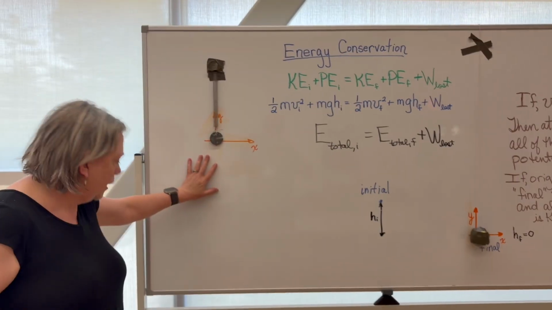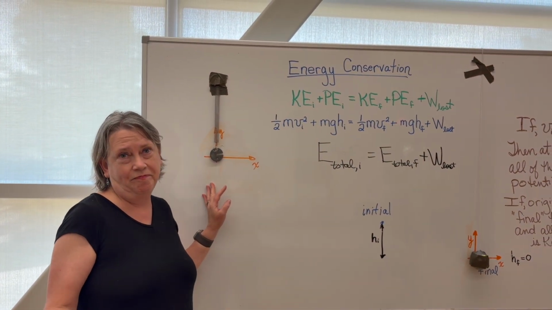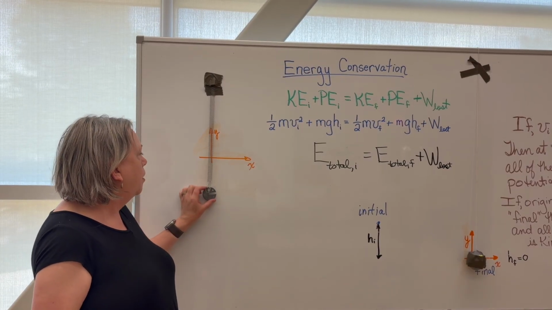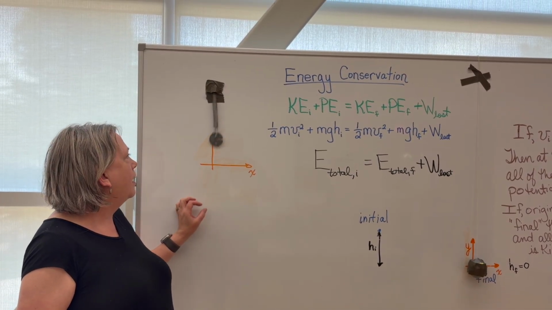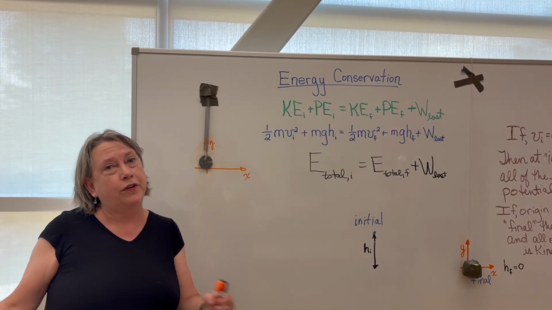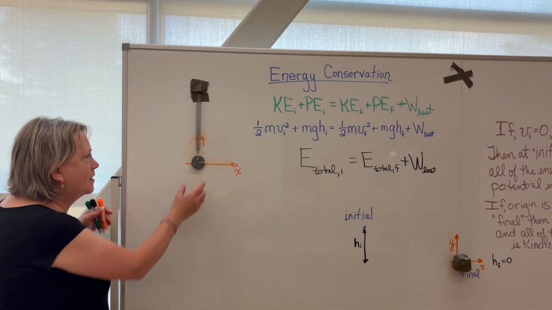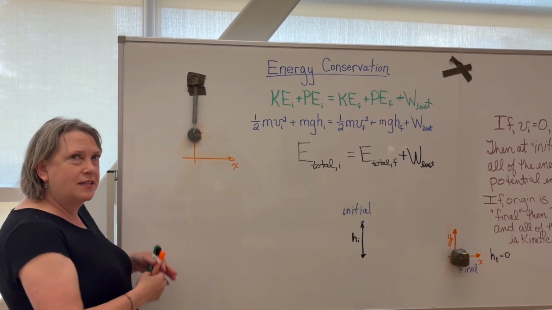Now, let's think about a mass on a spring system. I'm going to pull the mass down and release it, and we'll watch the energy get converted back and forth between kinetic and potential as this bounces up and down.